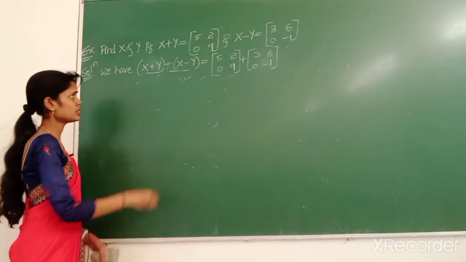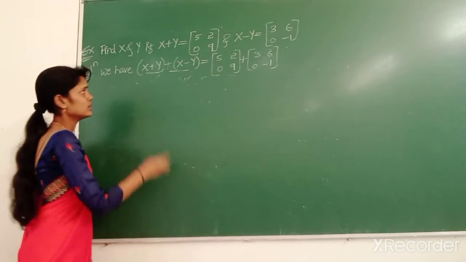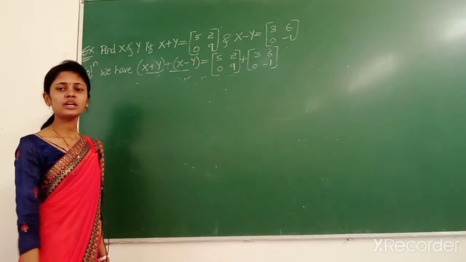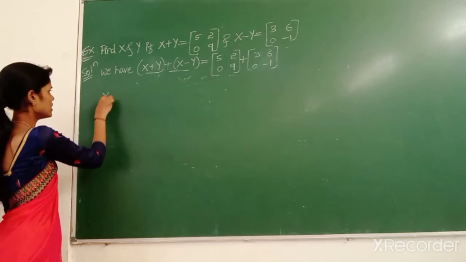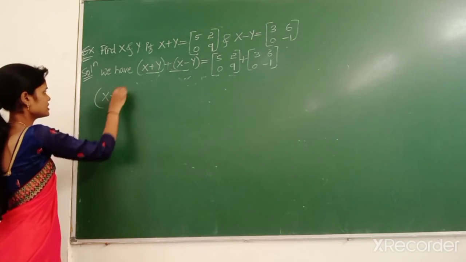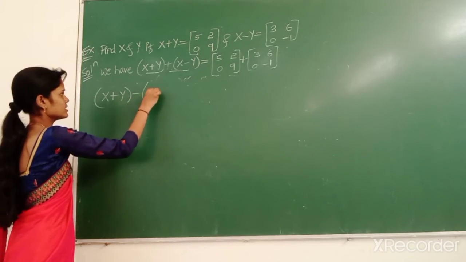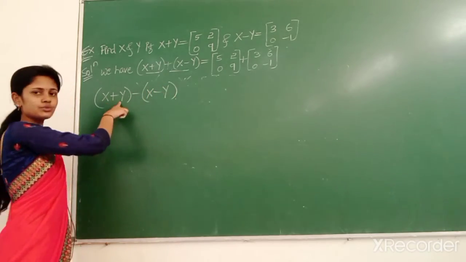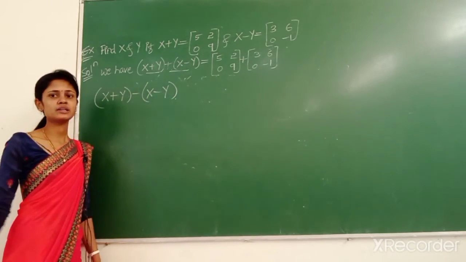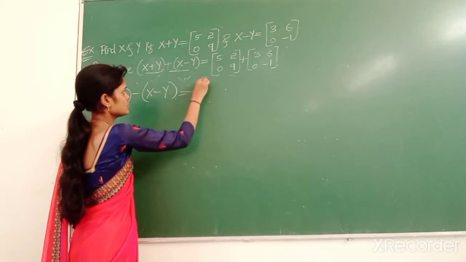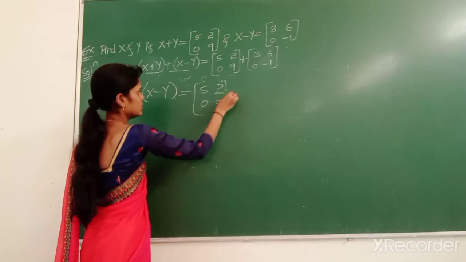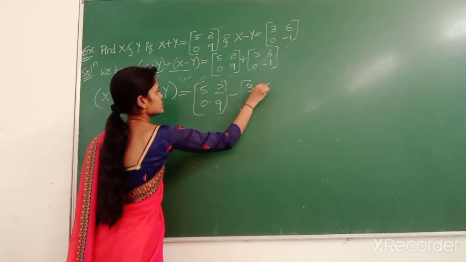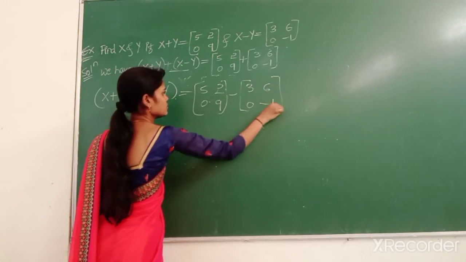Similarly, to find the value of the matrix Y, we must find it out. So see here, to find X you have taken the addition of these two matrices. To find Y you have to take the subtraction of the two matrices, that is X plus Y minus X minus Y, which is equal to [5 2; 0 9] minus [3 6; 0 -1].